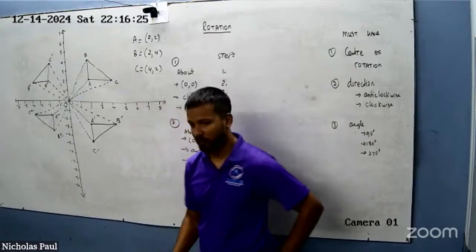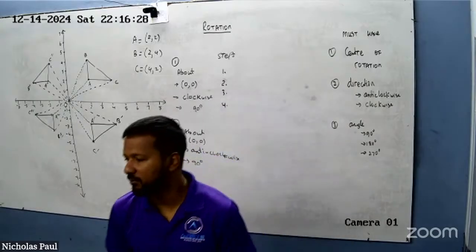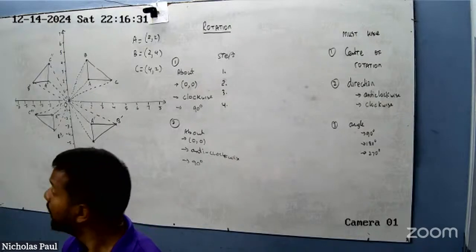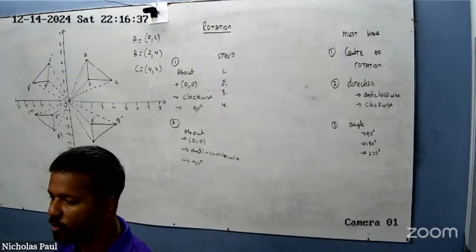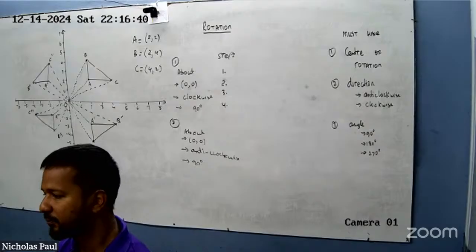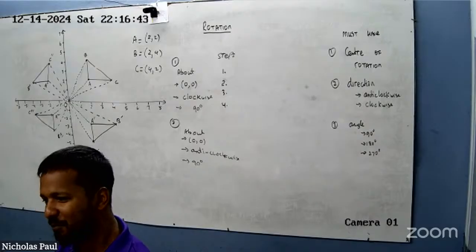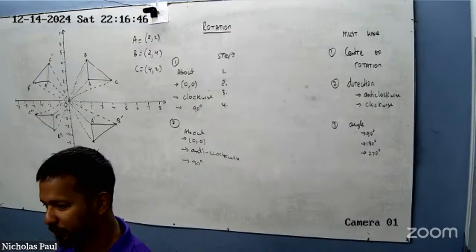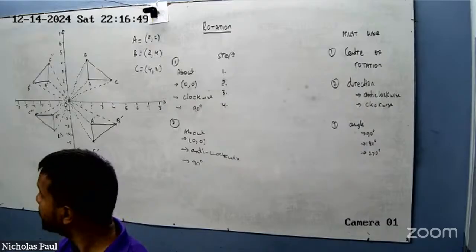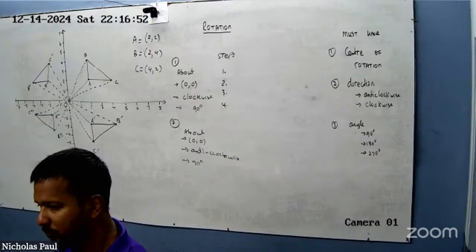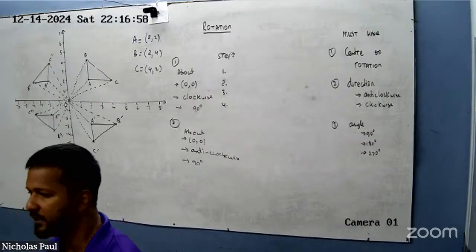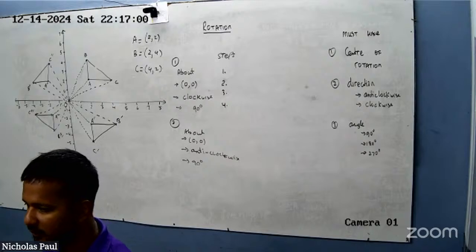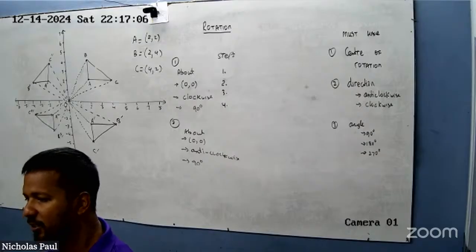So what does that mean? Write this down. Note that a rotation of 270 degrees clockwise is the same as 90 degrees counterclockwise.